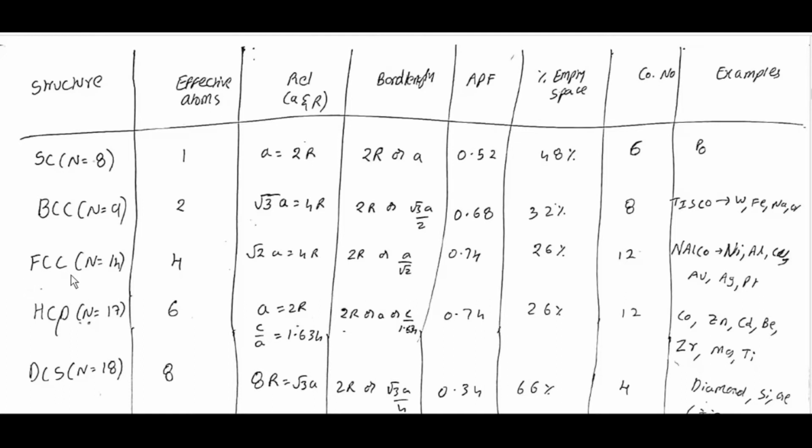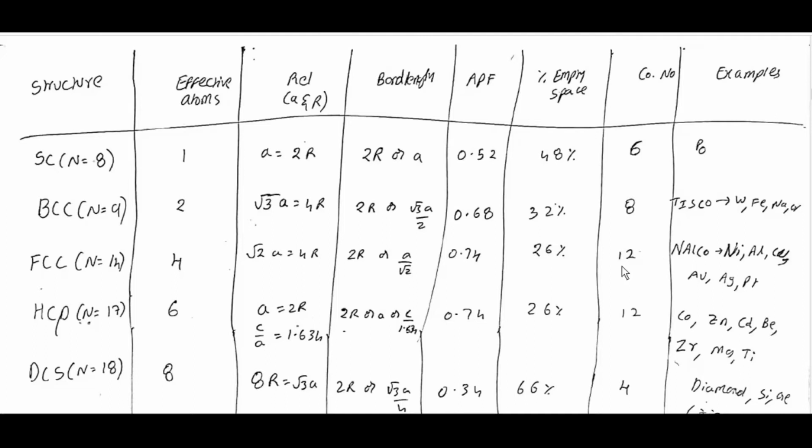FCC: n is equal to 14. Effective number of atoms 4. Root 2a is equal to 4r. Bond length 2r or a by root 2. Atomic packing factor 0.74, percentage empty space 26%.